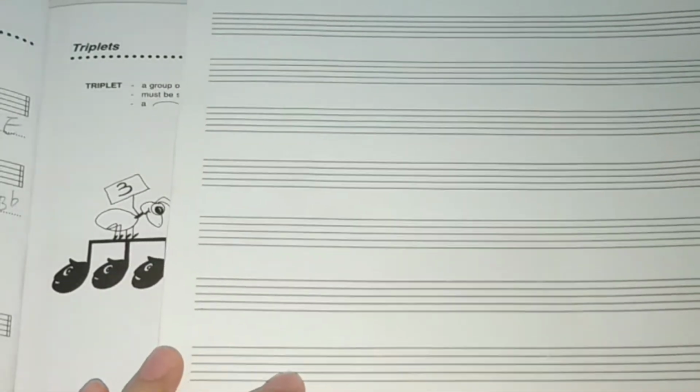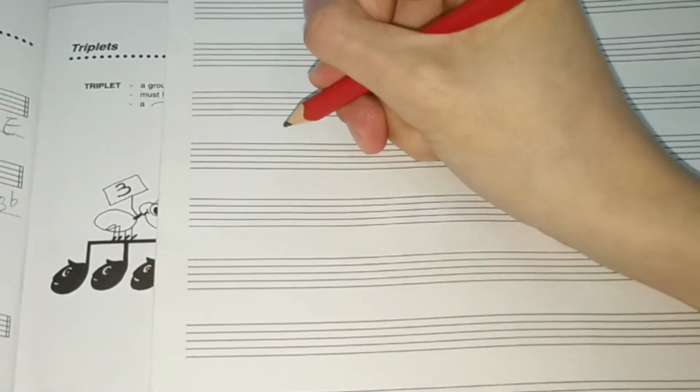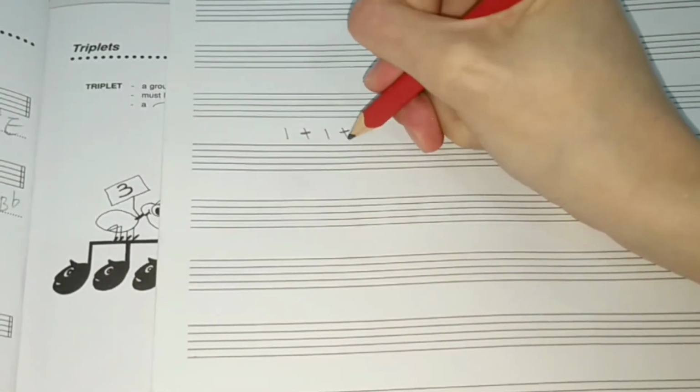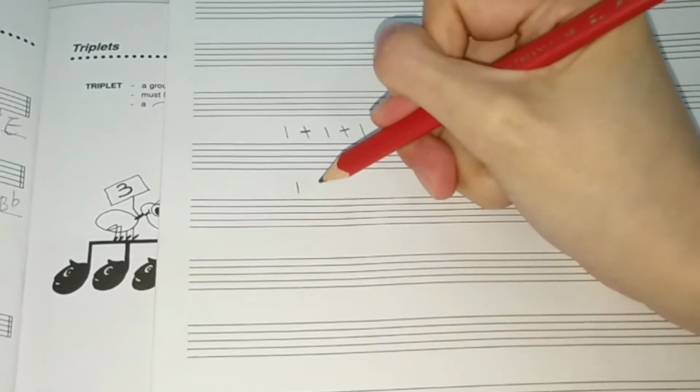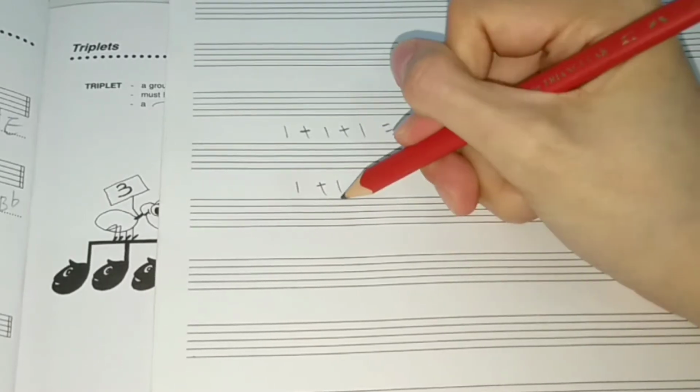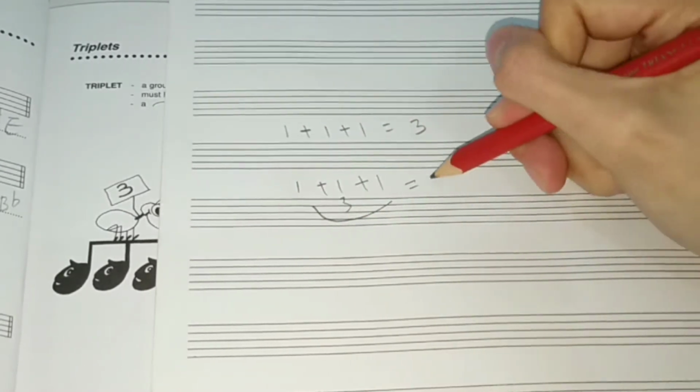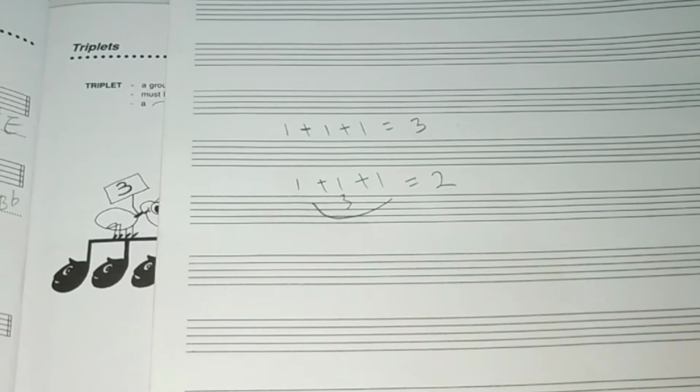So let's put it in numbers: 1 plus 1 plus 1 equals 3. But if you have 1 plus 1 plus 1 with a triplet sign, this only equals 2.